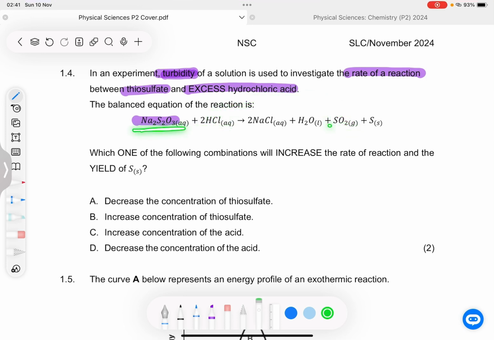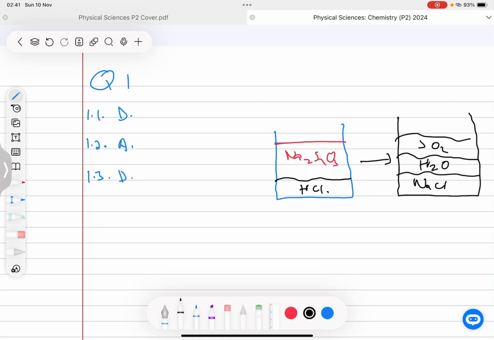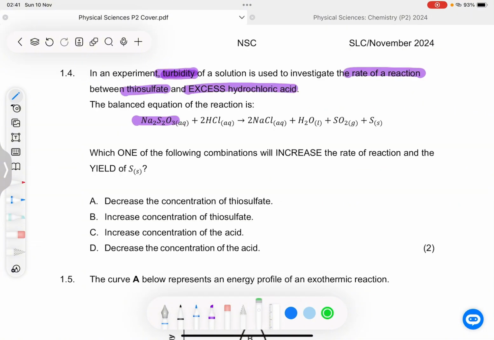It's only 1 mole of this thiosulfate forming 1 mole of sulfur dioxide. And the same is true with the sulfur here. 1 mole of thiosulfate forms 1 mole of sulfur. And our hydrochloric acid doesn't form any of the sulfur.